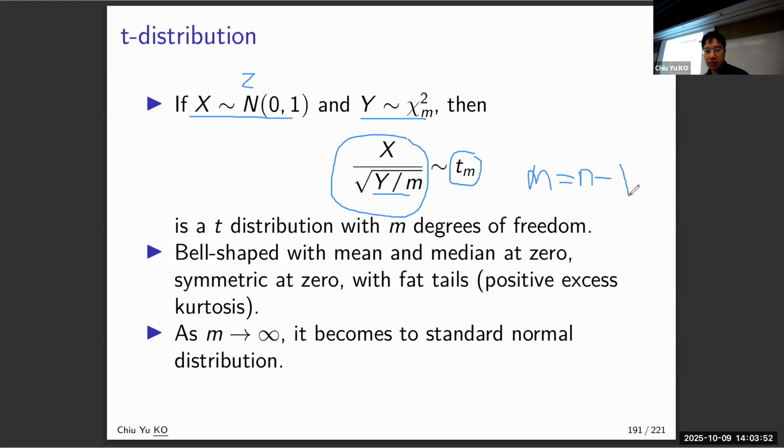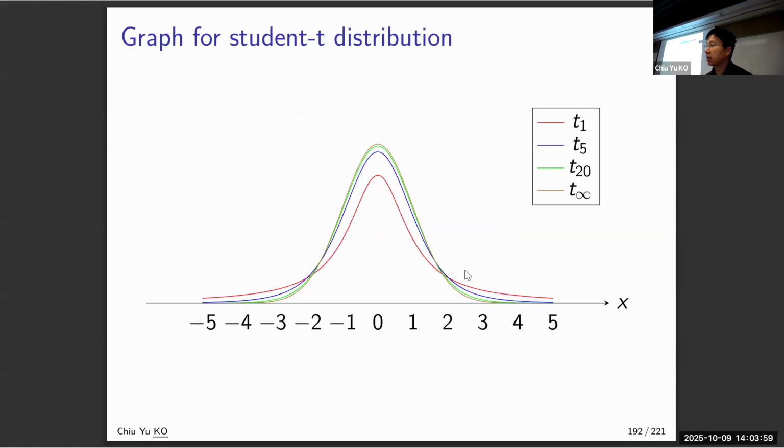But for the moment, you can imagine t simply looks like a bell curve. It's actually a bell curve, but with a fatter tail, okay? If you take t with infinite degrees of freedom, that is z, the standard normal.